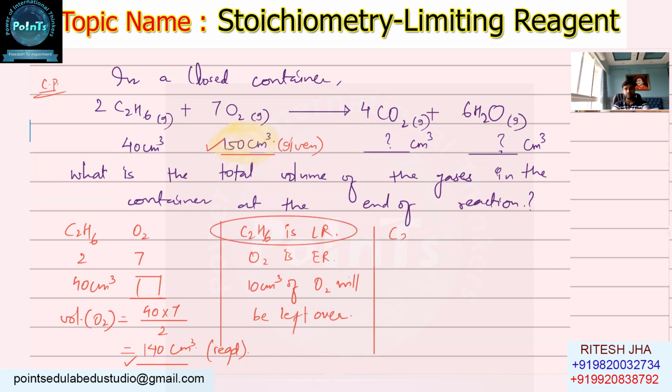When I compare C2H6 with CO2 and C2H6 with H2O, the ratio is 2:4 and 2:6.